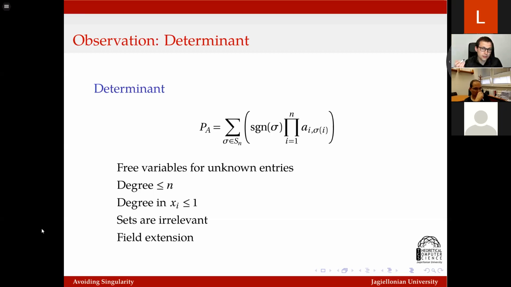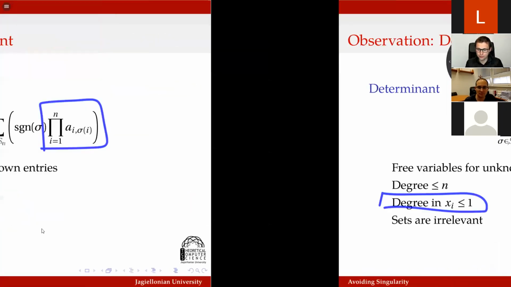So now we can go one step further. If we are working with a finite field, we can work in some extension of that and have many more choices for each free entry.